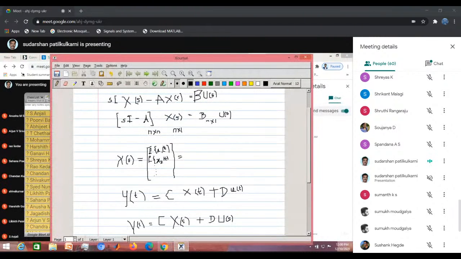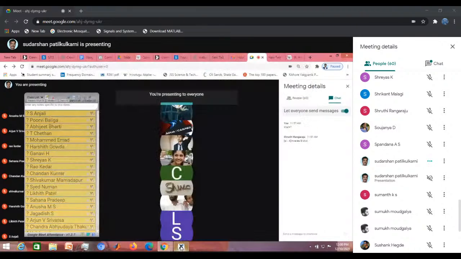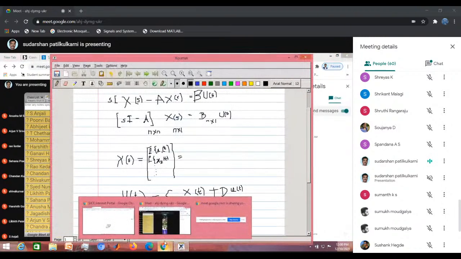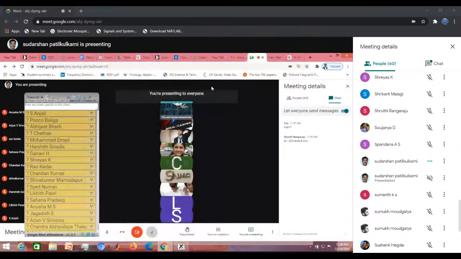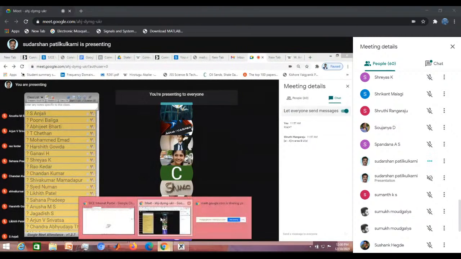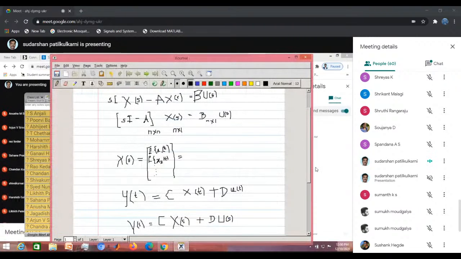So we go back to our example and verify the transfer function. We obtained the transfer function in the first week of this course for the mass spring system. Okay, so the same transfer function we obtain by the ABCD parameters.